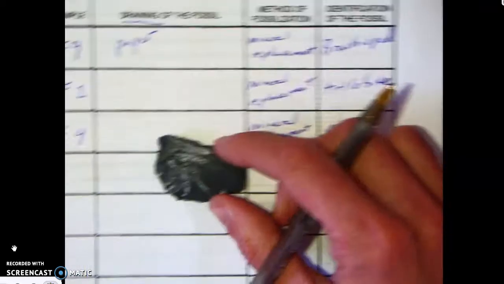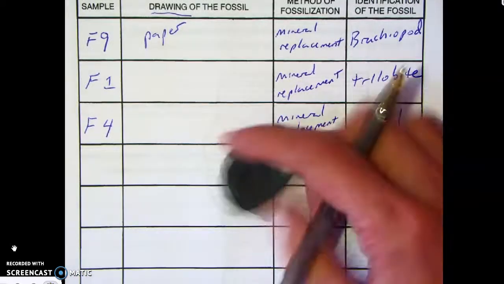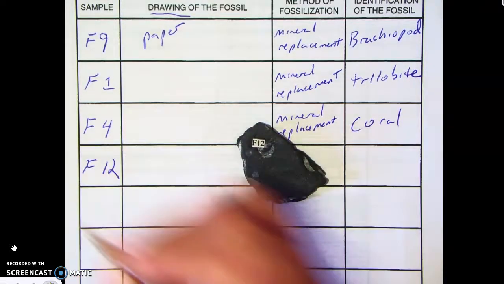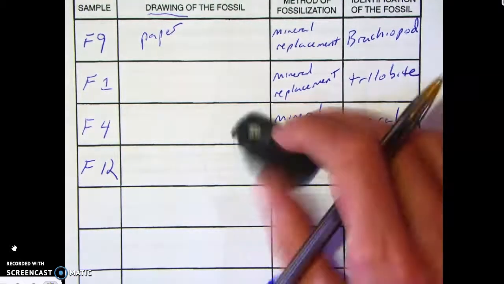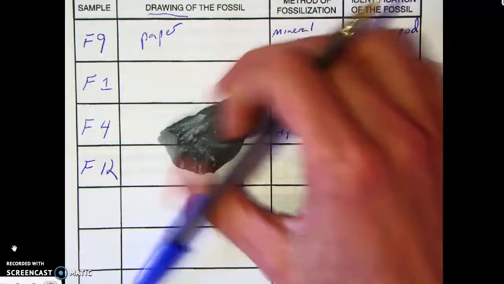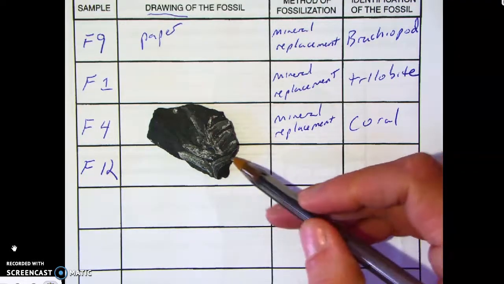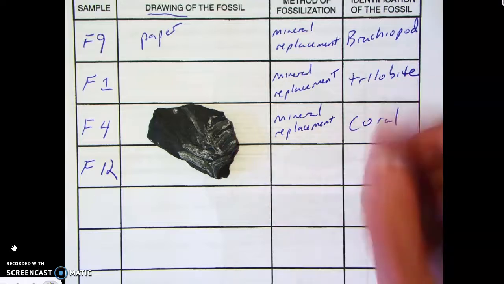Here's one here. The numbers on the back. This is F12. There it is there. You could do your drawing. And we clearly have a fossil of fern.